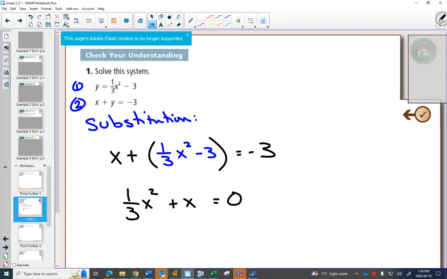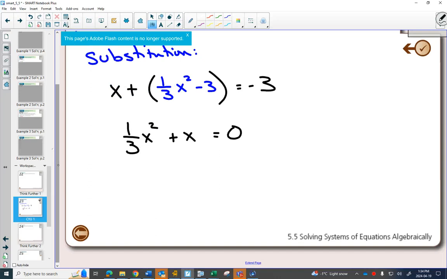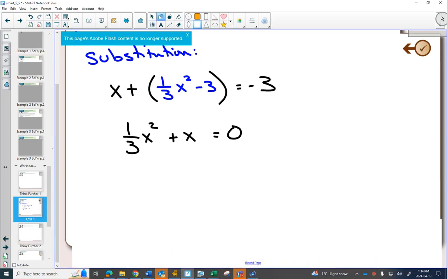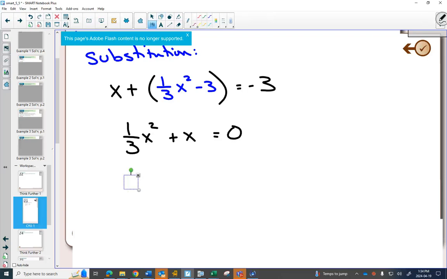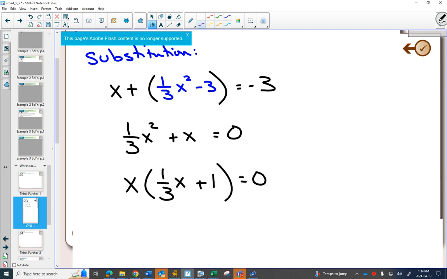So this is going to be the two ways I'm going to look at this question. One way, I'm going to factor right away and say this has a common factor of x, and so I would get x times 1/3 x plus 1 equals 0.